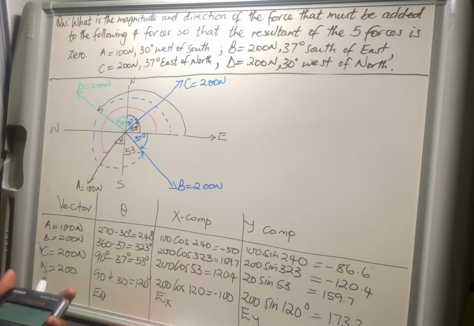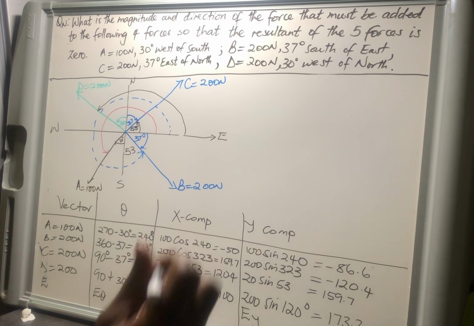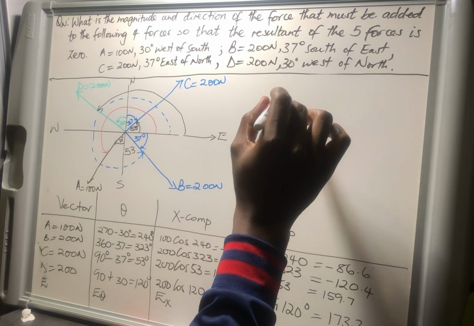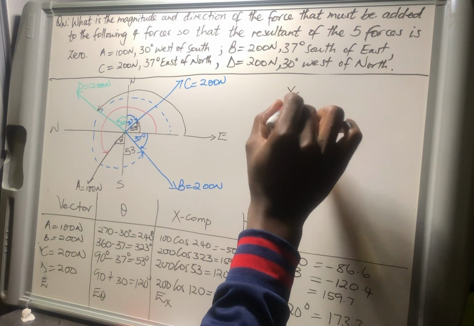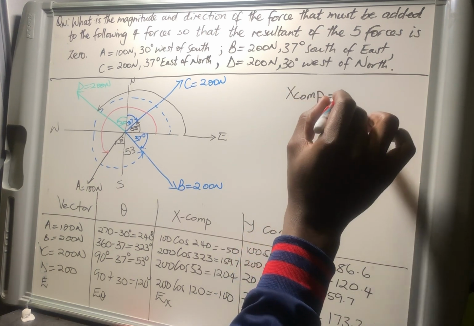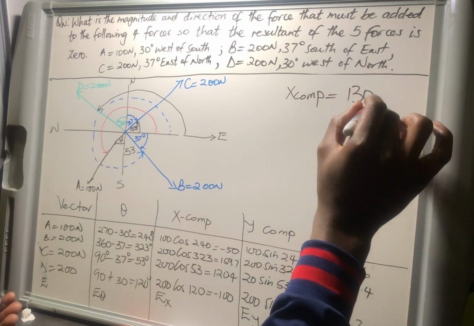So for X components, I'm going to say minus 50 plus 159.7 plus 120.4 minus 100. So the final answer that I get there is 130.1. So X comp, the total was 130.1.